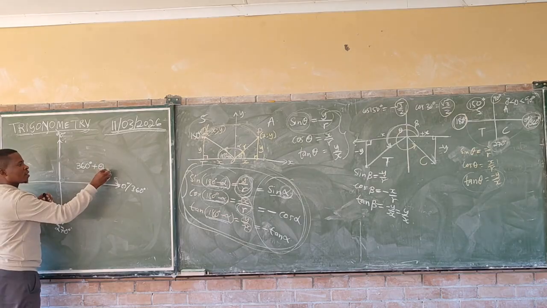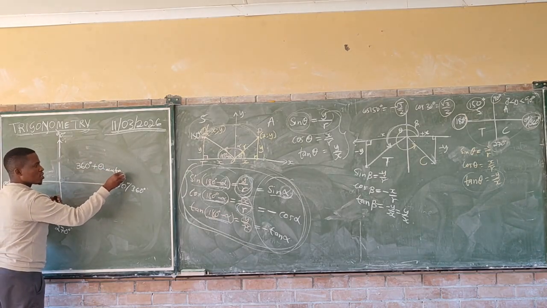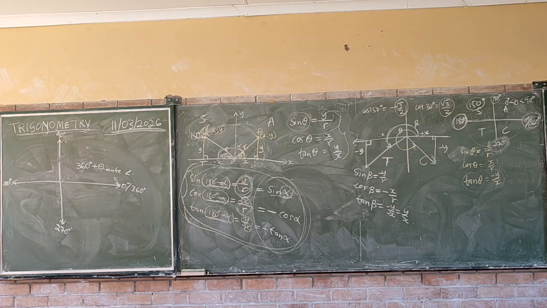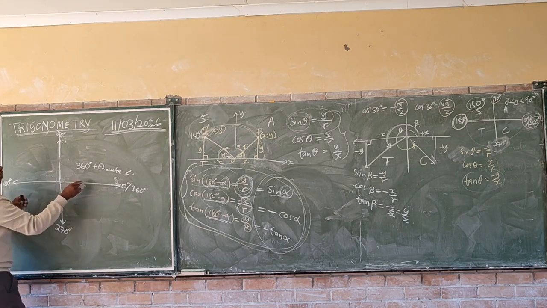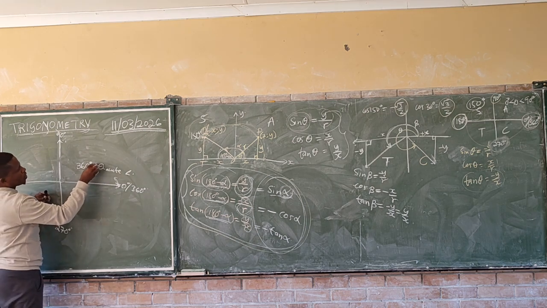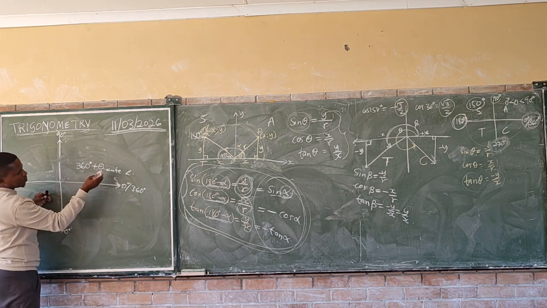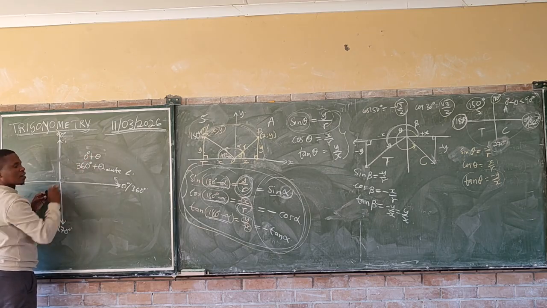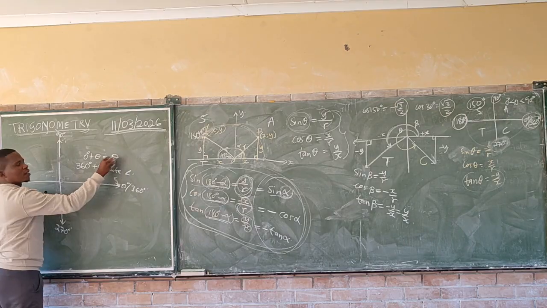This theta is an acute angle that I must use, because if it's more than an acute angle, we're going to go to another quadrant. So that number should be less than 90. Or it can be 0 degrees plus theta, and this is equivalent to theta.